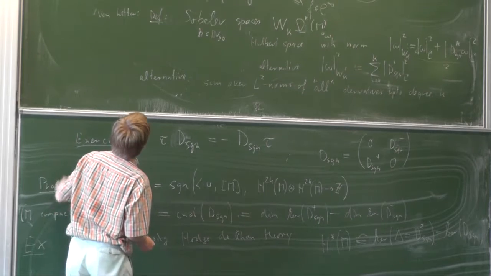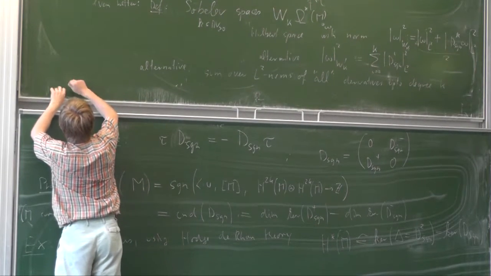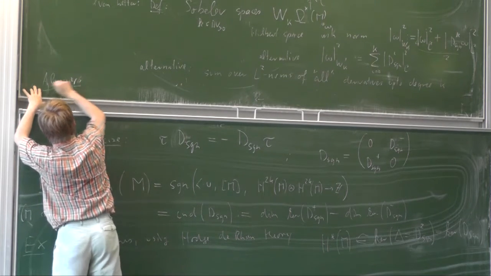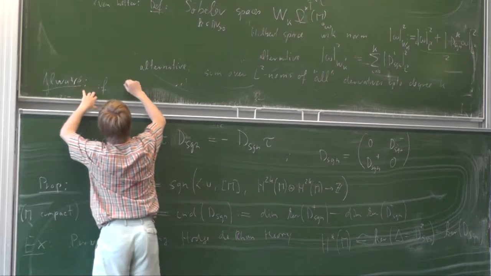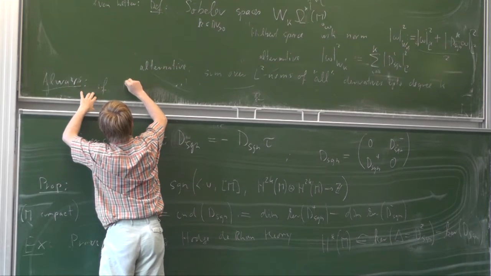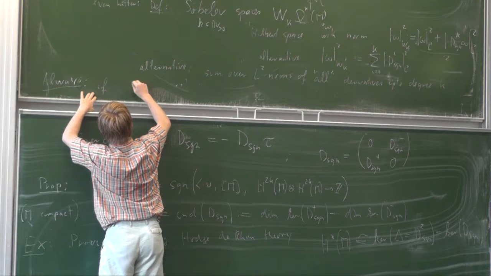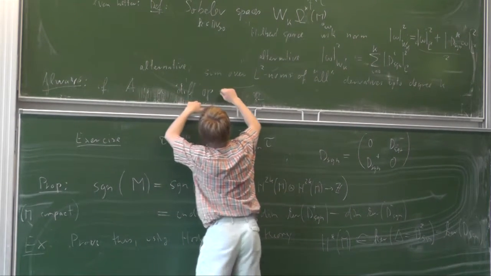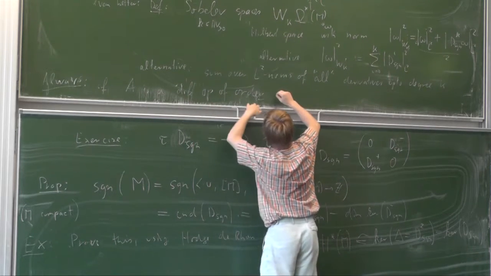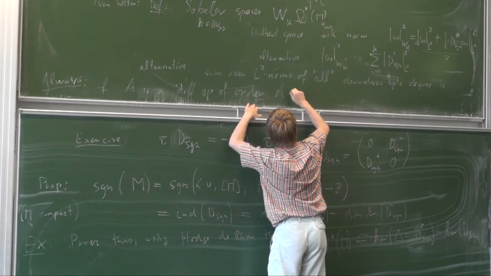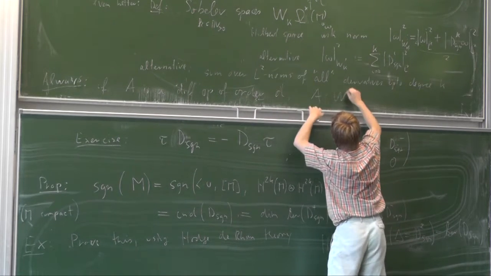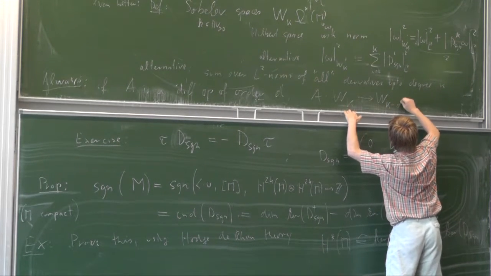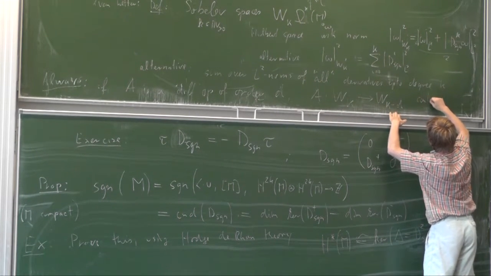And the regularity now says that, what we always have: call this A, a differential operator of order d, then A maps Sobolev space of order k to the Sobolev space of order k minus d. And it does this continuously.